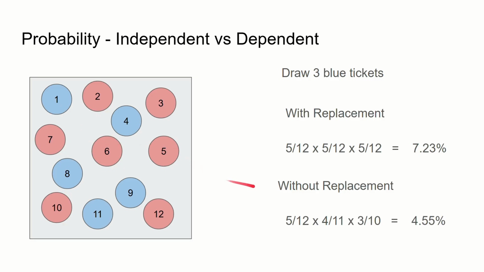So we'll multiply 5 out of 12 times 4 out of 11 times 3 out of 10, and we get about 4.55%. So this just showcases the difference between independent and dependent events. With dependent events, the outcome of one event can influence the outcome of another event, but with independent events, the outcomes do not depend whatsoever on separate events.